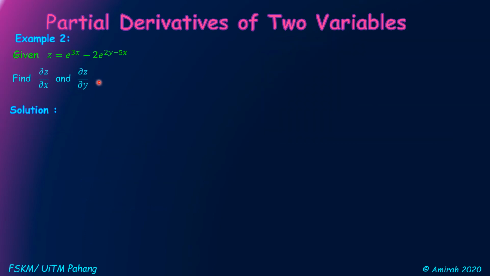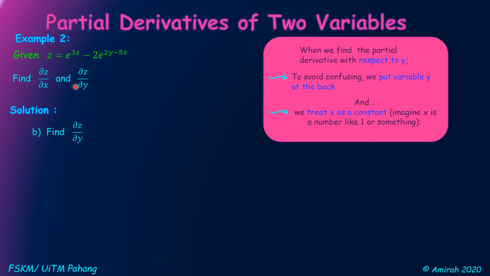Now, how to find del z over del y? This is the partial derivative with respect to y. So when we find the partial derivative with respect to y, to avoid confusion, we put variable y at the back. We have z equals e to the power of 3x minus 2e to the power of 2y minus 5x.